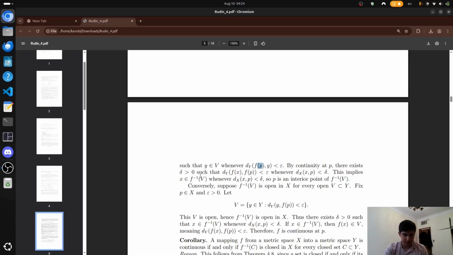There exists delta greater than 0 such that d_Y(f(x), f(p)) is less than epsilon whenever d_X(x, p) is less than delta. Exactly. So you're flipping the order, which means that x is in f inverse of V. So p is an interior point of f inverse of V.